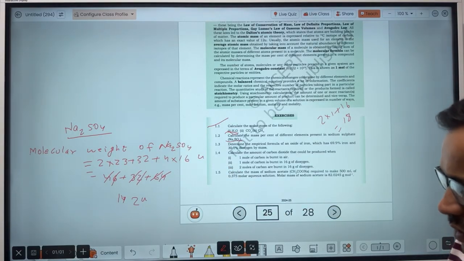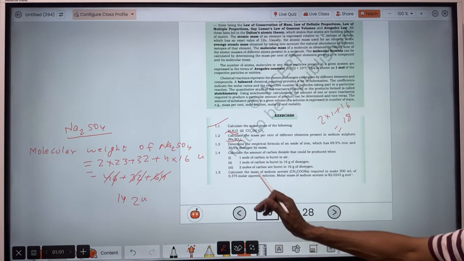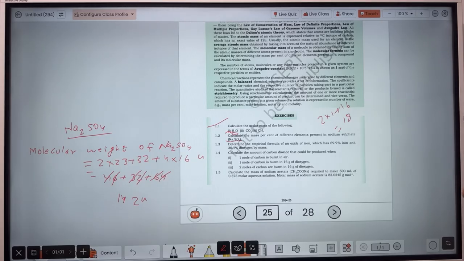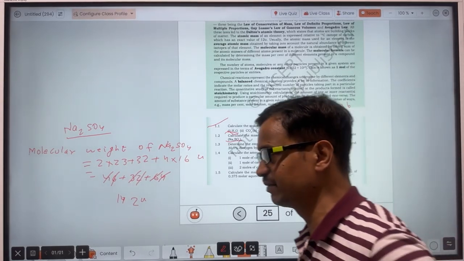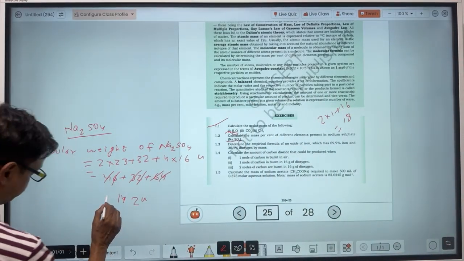So 2 into 23 is 46, plus 32, and 16 into 4 is 64. After calculation that became 142 U.